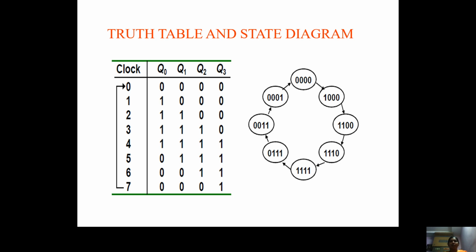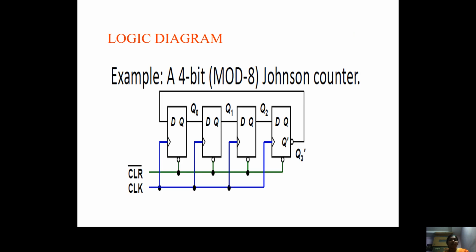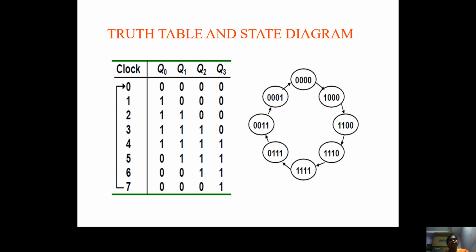At the occurrence of the first clock pulse, since Q3 was 0 previously, Q3 bar is 1 and is applied to the first flip-flop, so D gets 1 and Q0 will become 1 in the next state, that is 1 0 0 0. So during the second clock pulse, what will happen now?